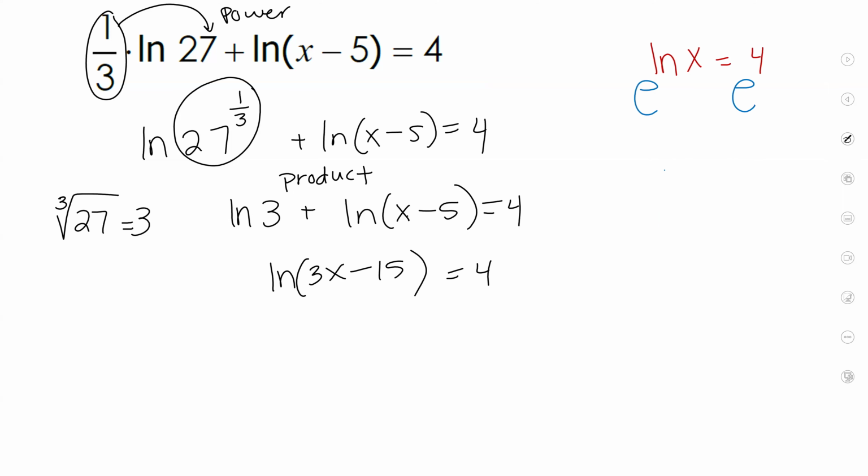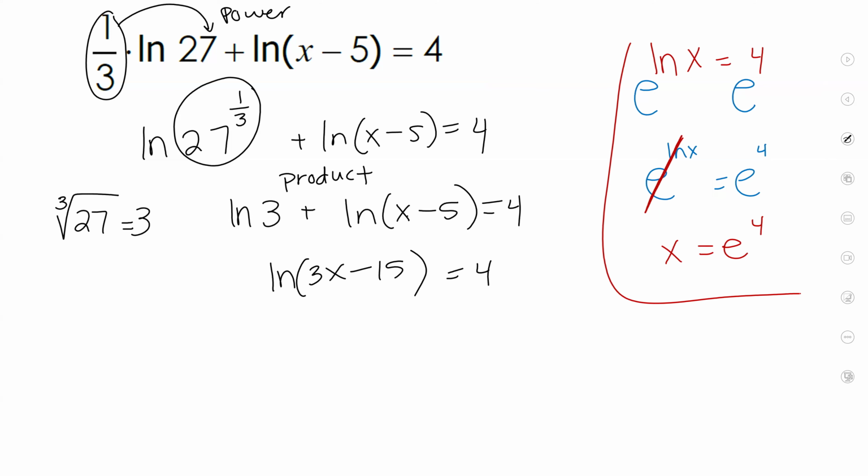So what we have is e to the ln of x equals e to the 4. What this does, exponentials and natural logs cancel out, leaving you just with x. So your answer is x equals e to the 4 for this case.